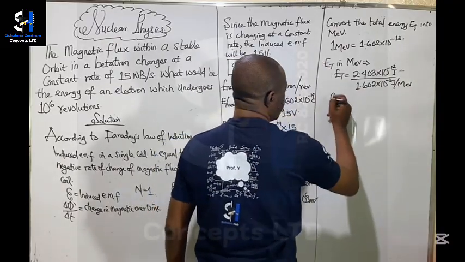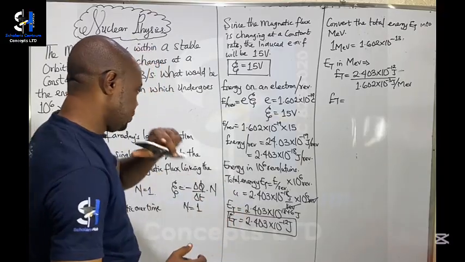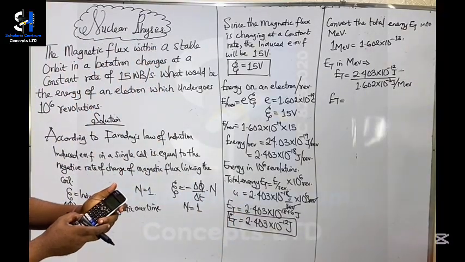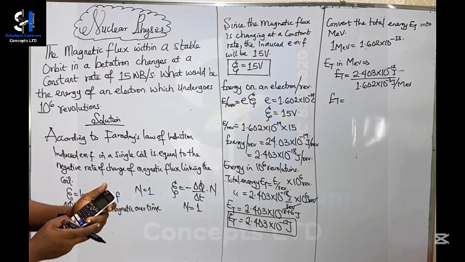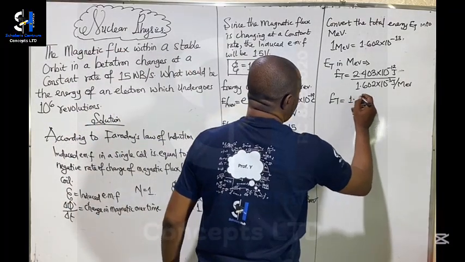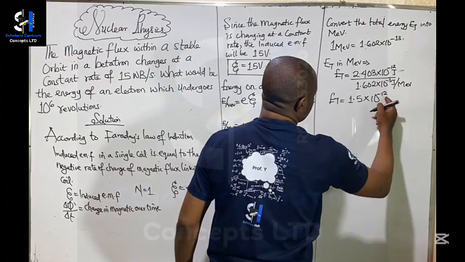So the total energy will be 2.403 divided by 1.602, and that's 1.5, times 10 raised to the power of negative 12.